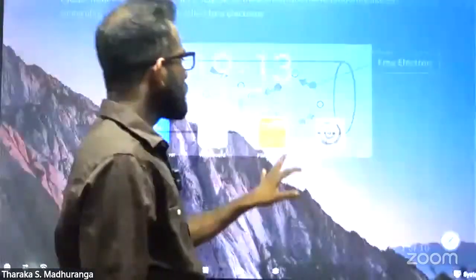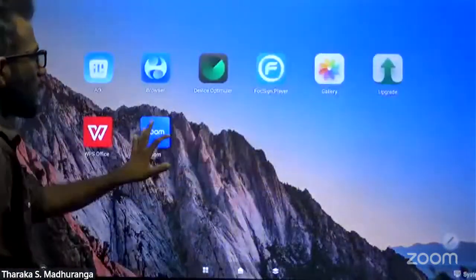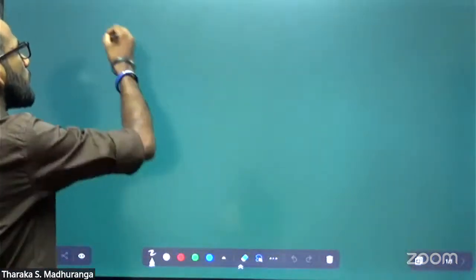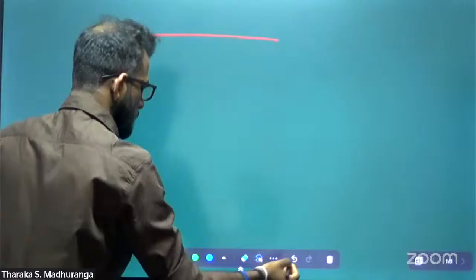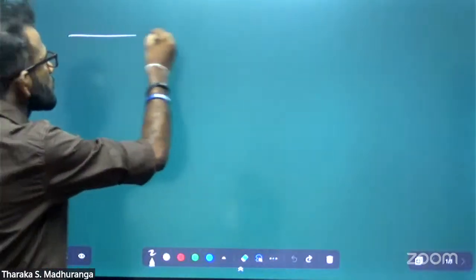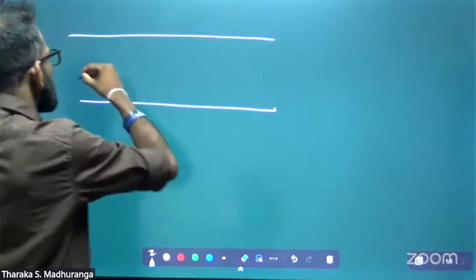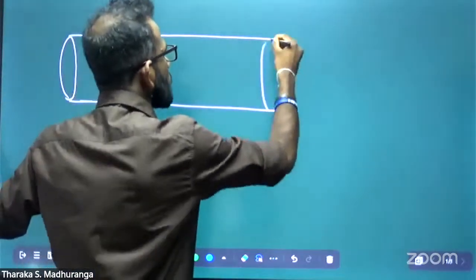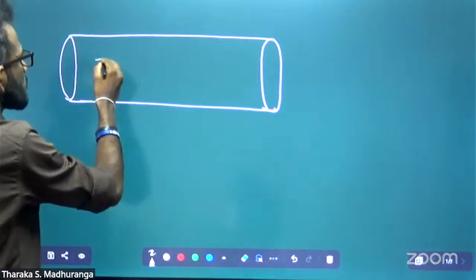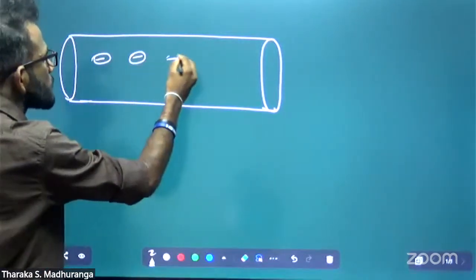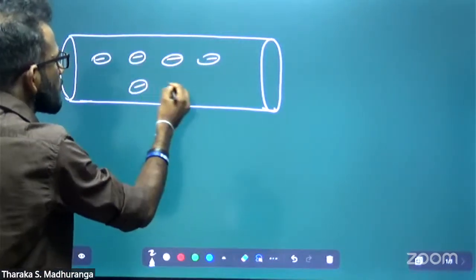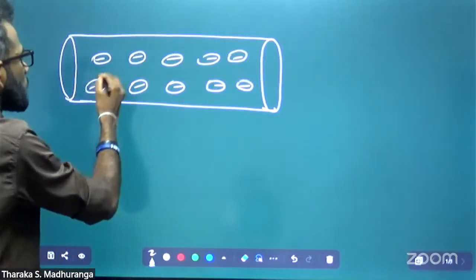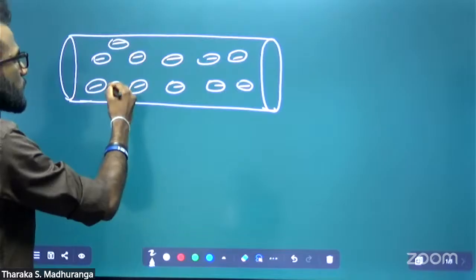If we consider any conductor, whatever matter, these free electrons are moving freely. These free electrons are negatively charged, moving freely in this conductor.